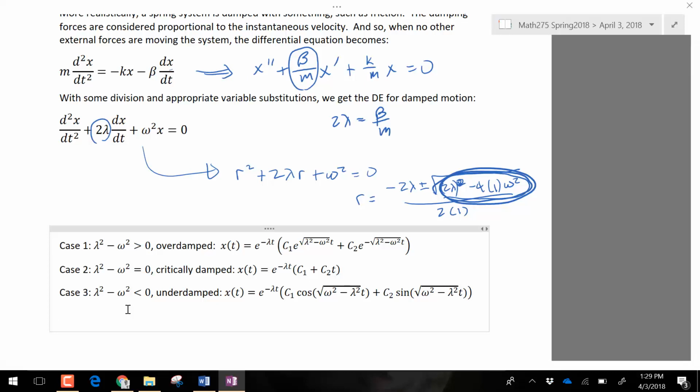That means the thing that's inside of the square root is bigger than 0. What do we have if the thing inside of the square root is bigger than 0? We have 2 distinct real roots. And so with 2 distinct real roots, our solution is just the linear combination of e to each of those roots times the variable t.